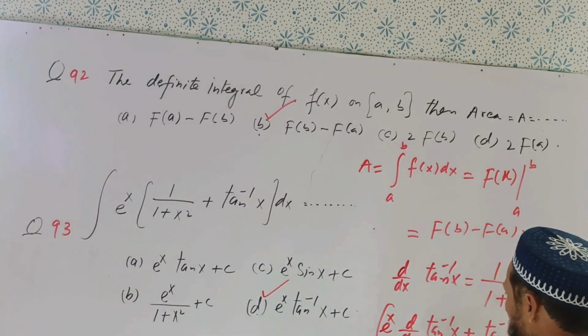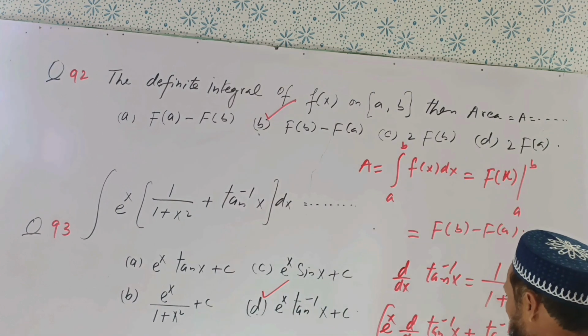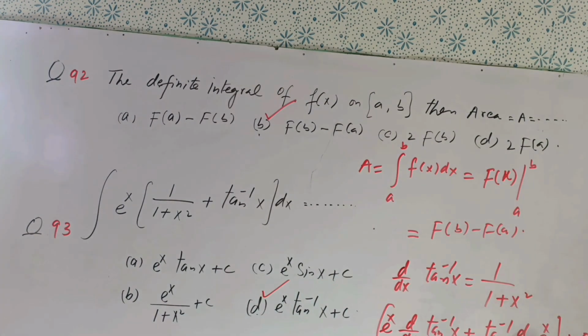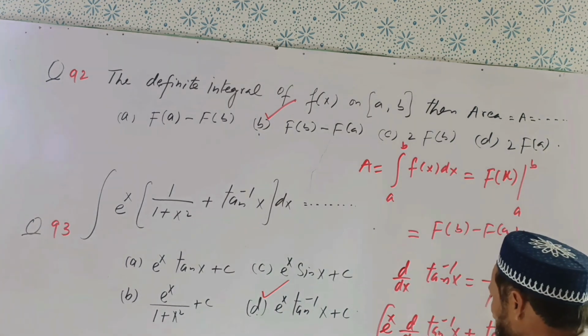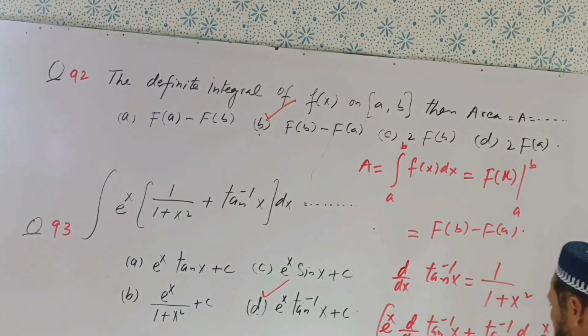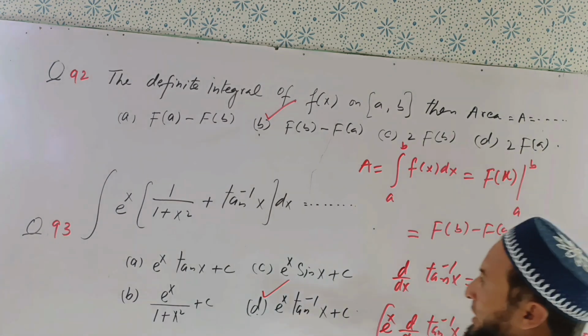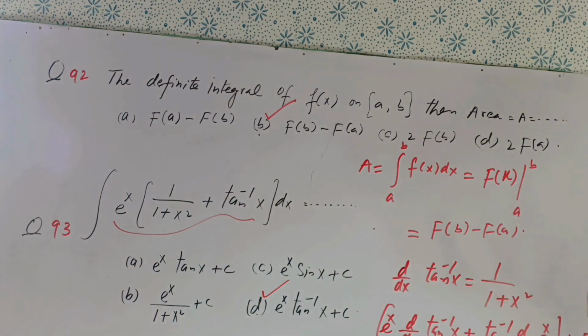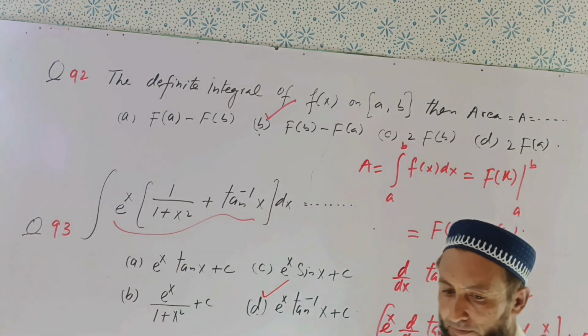So we get e power x times 1 divided by 1 plus x square, plus tangent inverse x times e power x. Taking e power x common, we get e power x times 1 divided by 1 plus x square plus tangent inverse x. This result is available in the question, so option D is the correct option.